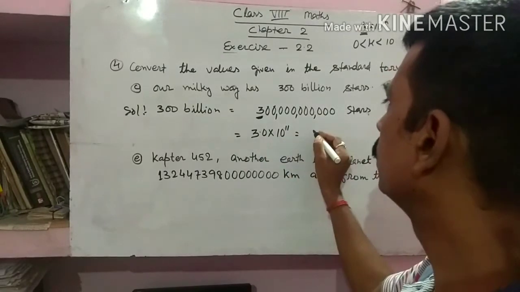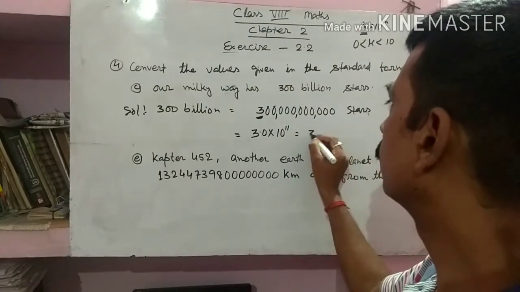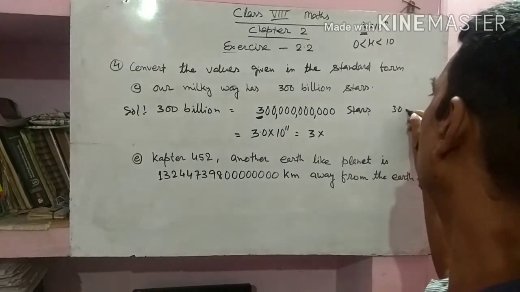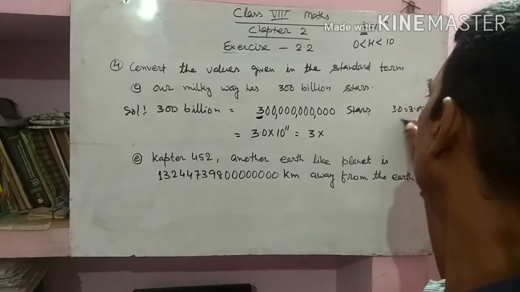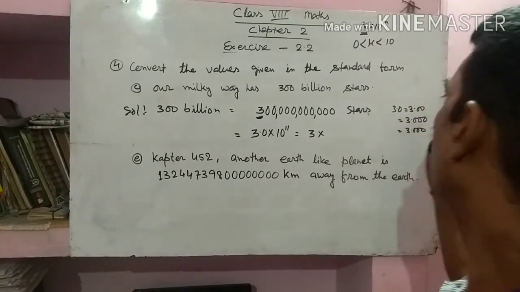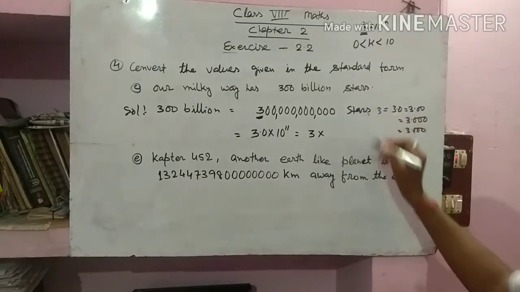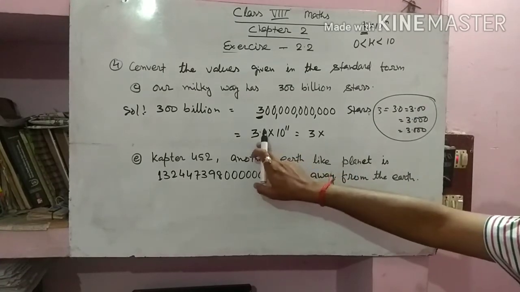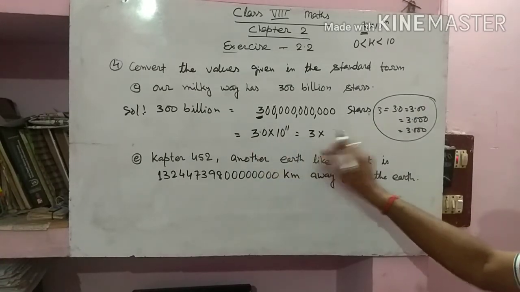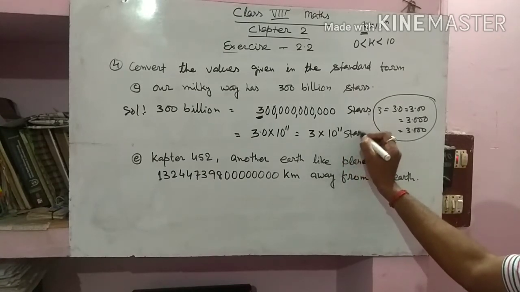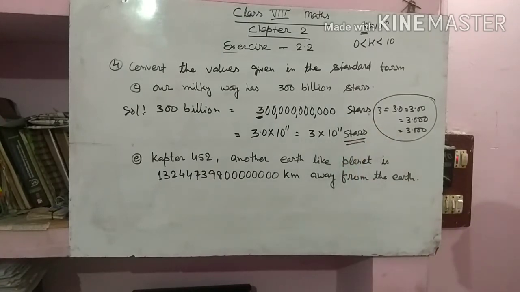As we discussed initially, 3.0 is equal to 3.00, which is equal to 3.000, all are equal to 3 also. So all these numbers are the same, and in place of 3.0 we can write 3 only. So this is 3 into 10 to the power 11 stars. This is the answer.